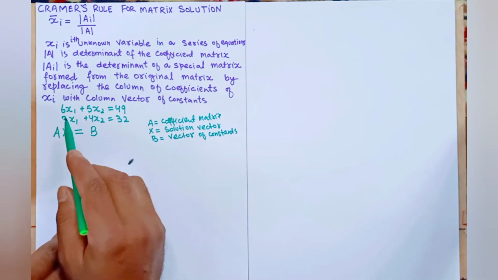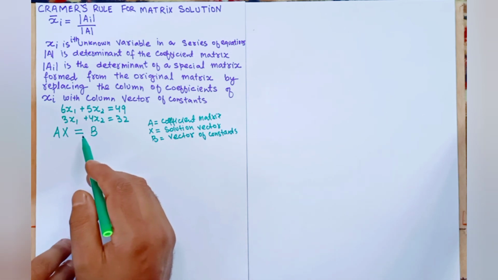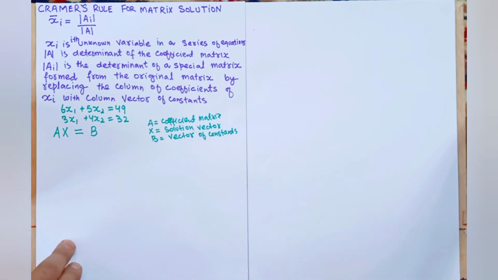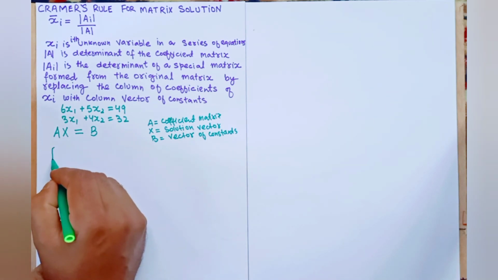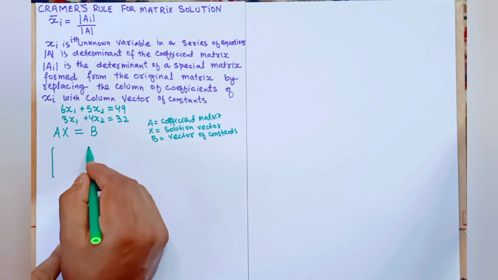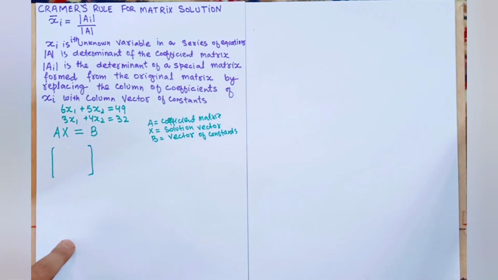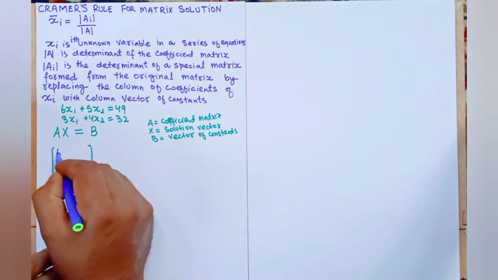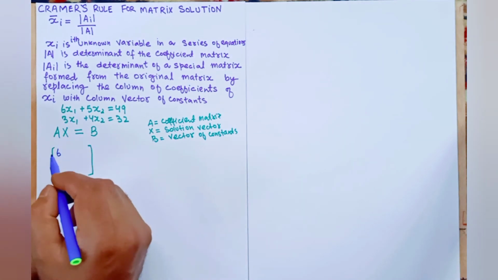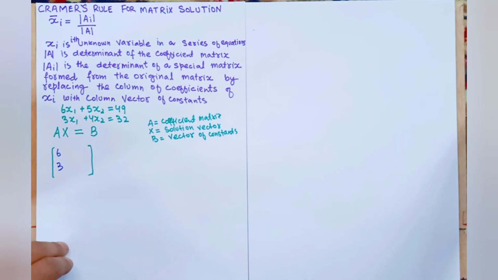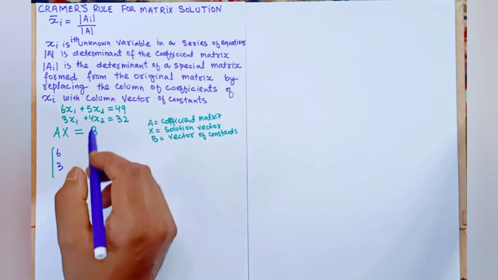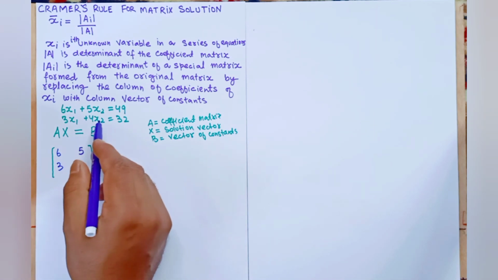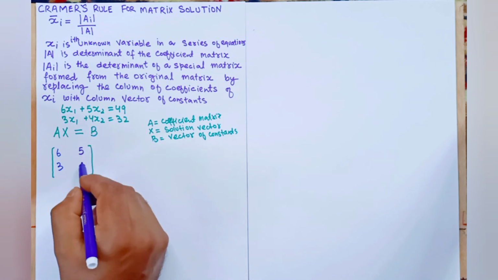Now we will express the first part. The first step is to express the given system of linear equations in matrix form. For the coefficient matrix, I will write the coefficient of x1 as 6, and in the second equation it is 3. Similarly, the coefficient of x2 is 5, and in the second equation it is 4.